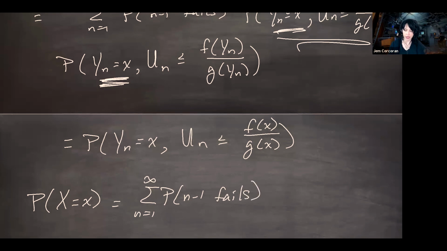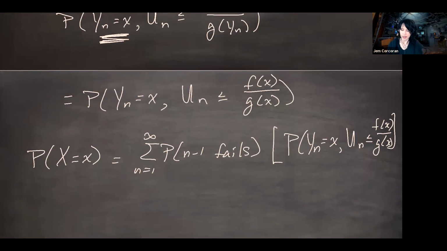And then, independent of that, we've got the probability that yn is little x and un is less than or equal to f of little x over g of little x. And then you get to factor this probability.